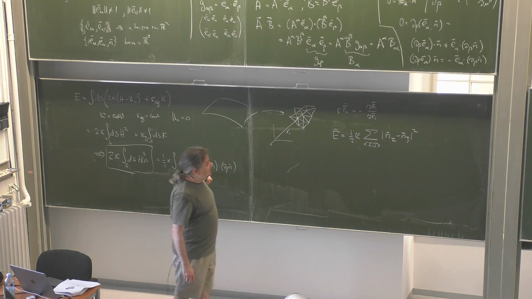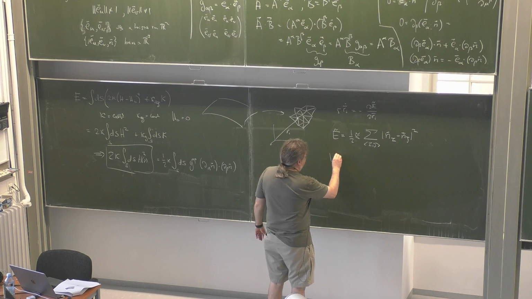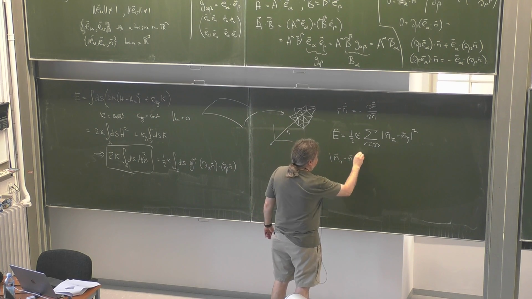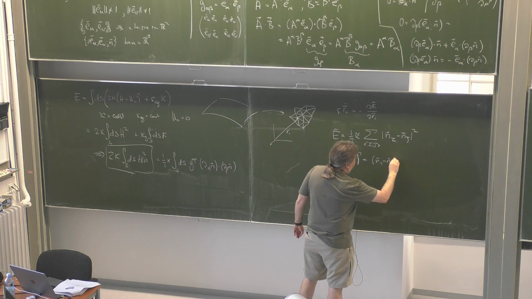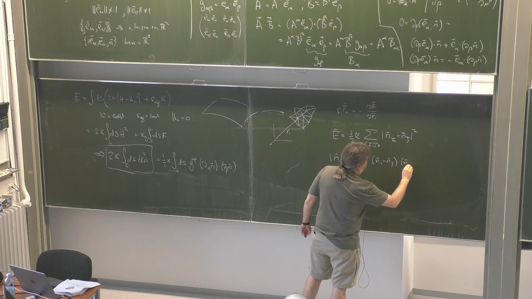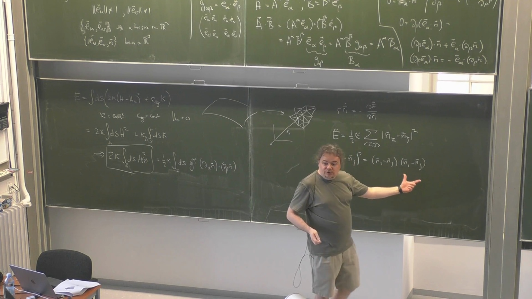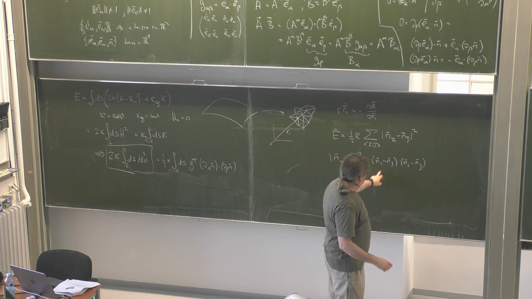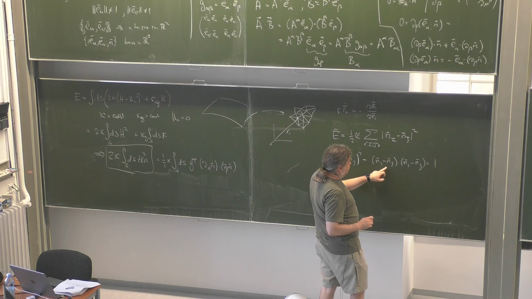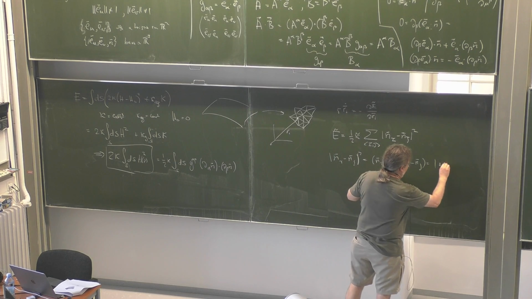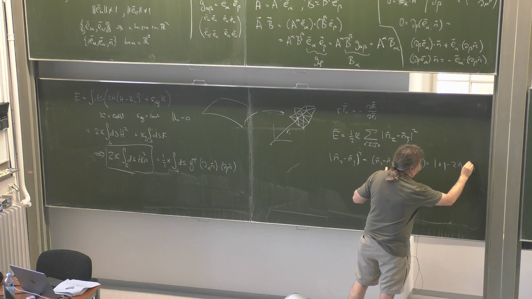So how is this related to this? Well, very easy, because Ni minus Nj squared, right? This is just Ni minus Nj dot Ni minus Nj, and these are all unit length vectors. So Ni dot Ni is going to give me 1, Nj dot Nj is going to give me another one, and then I'm going to have 2 times Ni dot Nj.